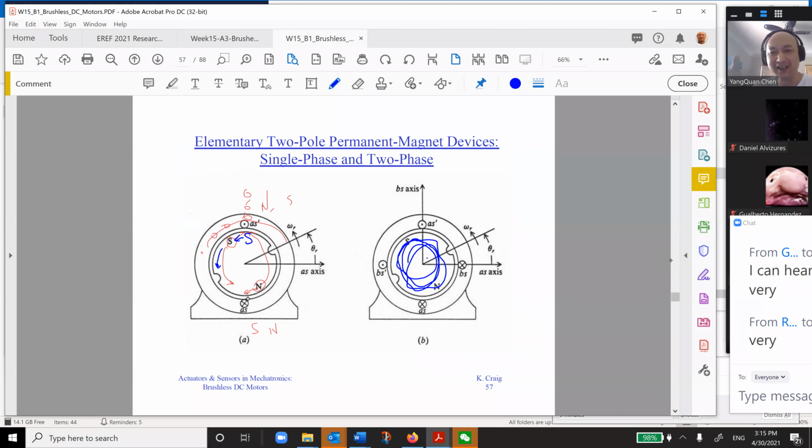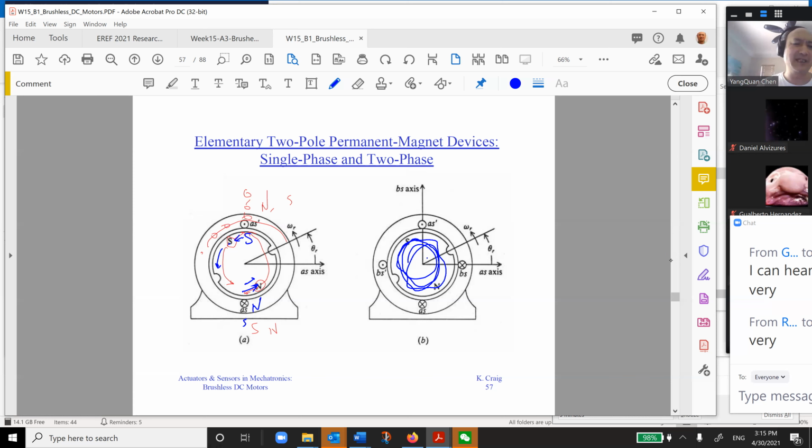And if this is N, this will push this one away. When you reach here, you suddenly change the direction of the current. Then this S comes over here, and this becomes S again. It will push it forward again. So by alternating the magnetic field, this permanent magnet will keep moving. So that's the working principle.